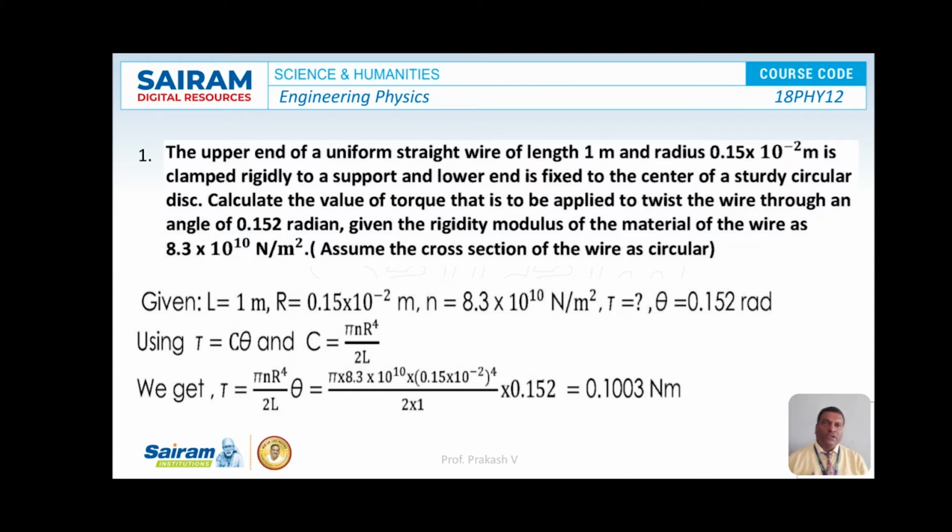So substitute the value of n, r, L and theta here: pi into 8.3 × 10^10 into (0.15 × 10^-2)^4 divided by 2 into 1, and multiply that with theta, that is 0.152 radians. On simplification, the value of T is found to be 0.1003 Newton meter. So this is the solution for the given problem.